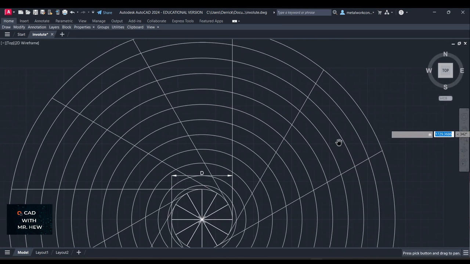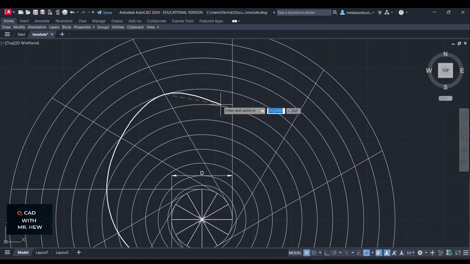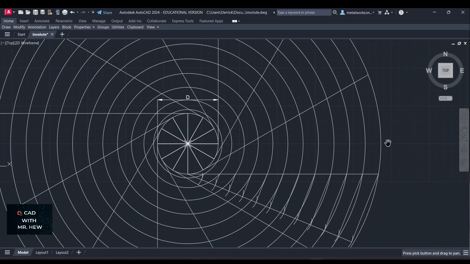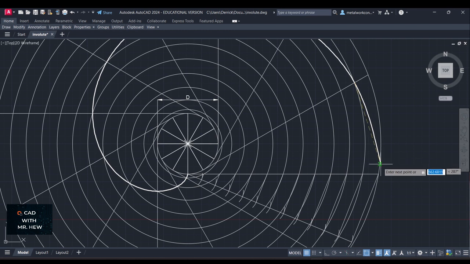We're almost there now. So let's keep our eye on the objective. The next point would be there, there, there. Keep your eye on the objective. We're almost at the end because this is the last point.